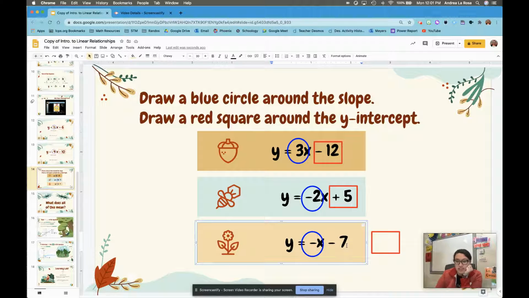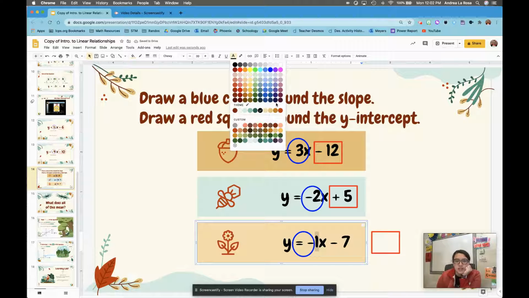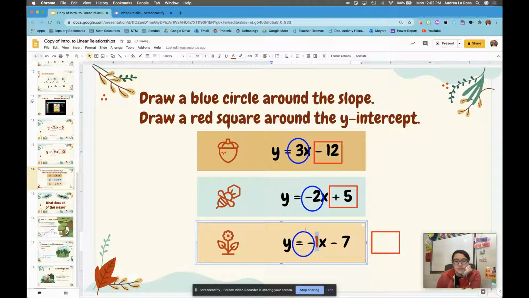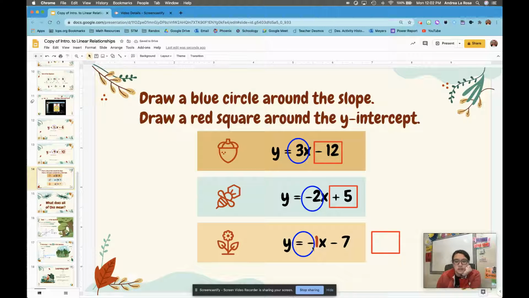There's really an imaginary -1, and that would be my slope. -1x. Again, this one, the 1, is imaginary. I'm going to make that a different color. So the slope for this problem would be -1, and the y-intercept would be -7.